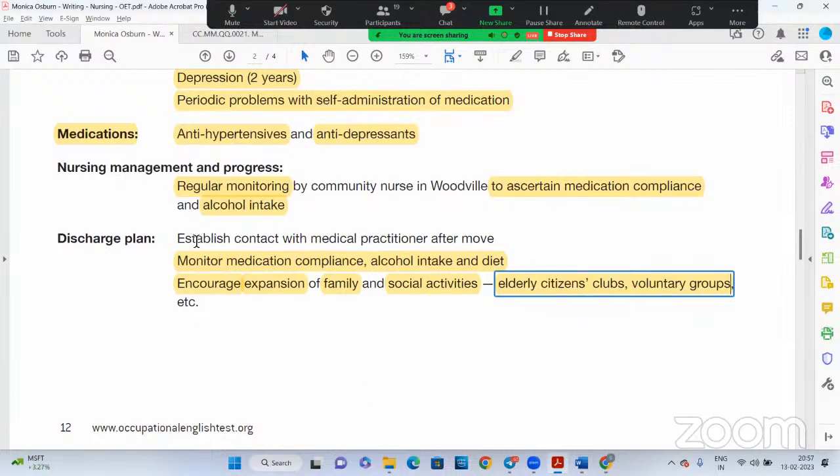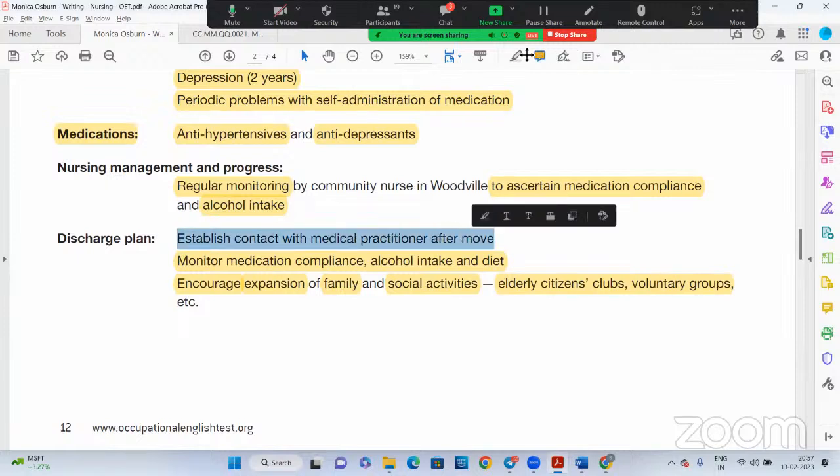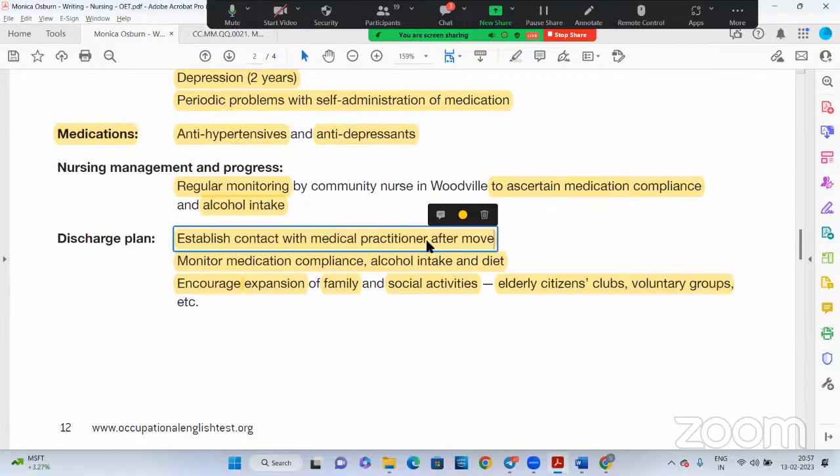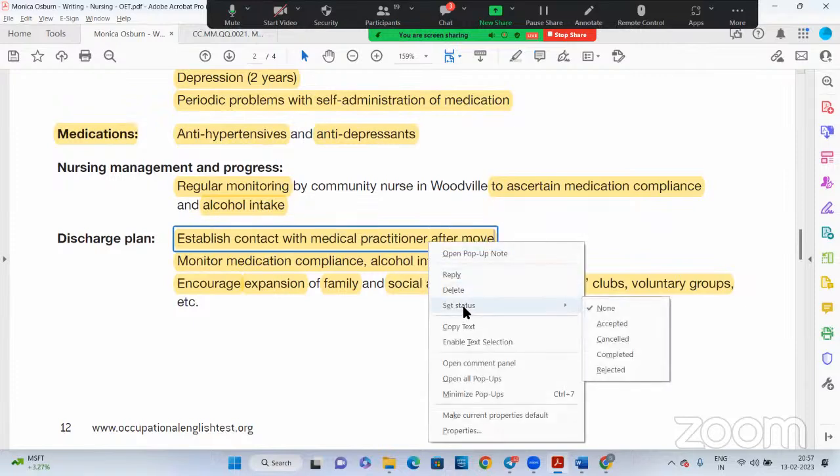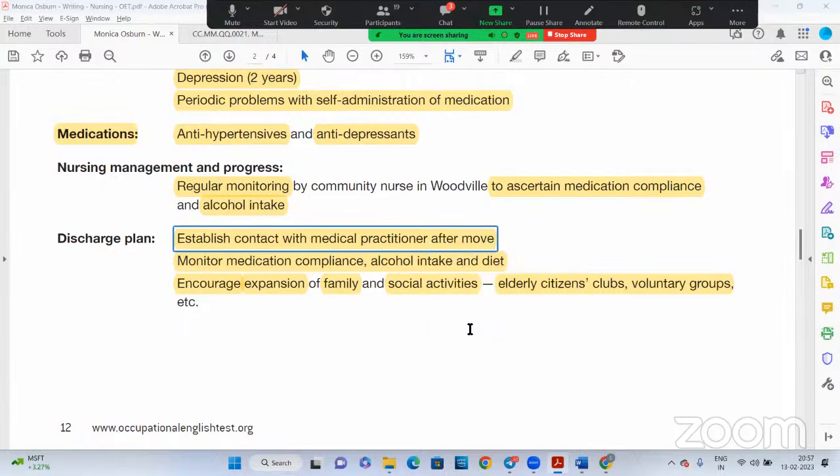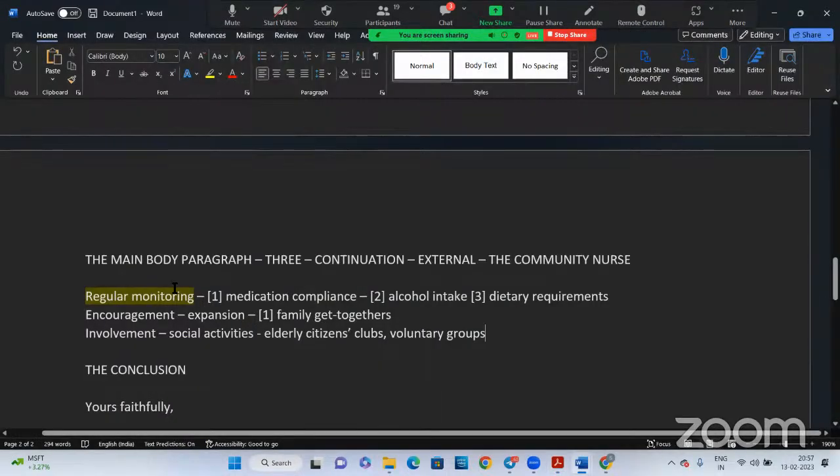she should establish contact with a medical practitioner after the move, immediately after she moves there. This is very important. Everything is relevant here. They did not give too much information; all the information is almost important. Straight to the point.